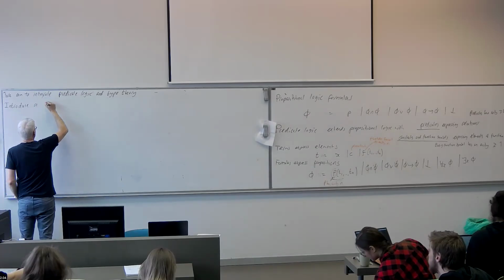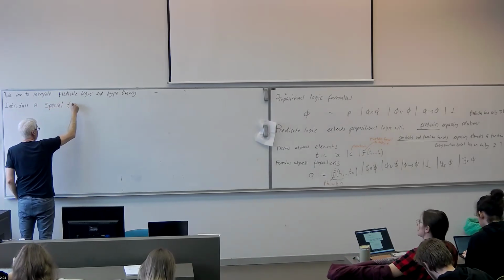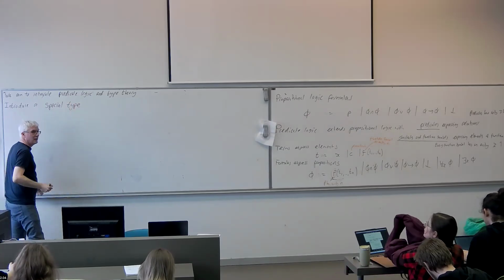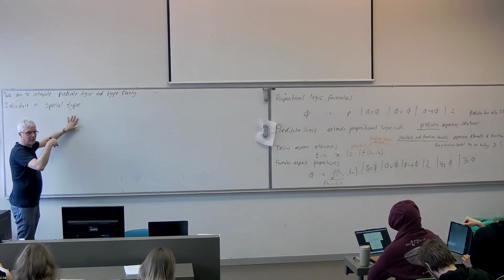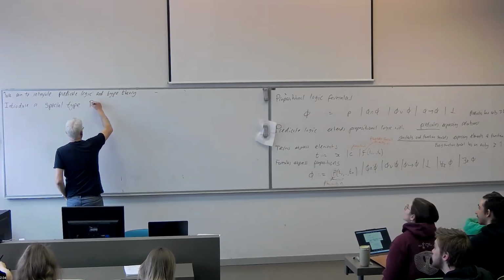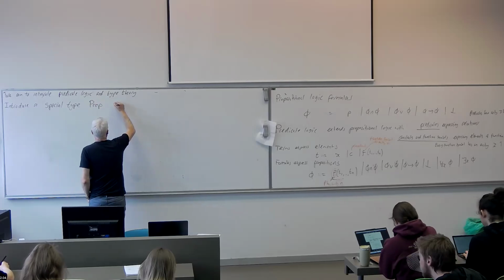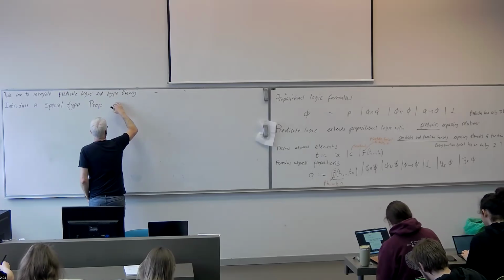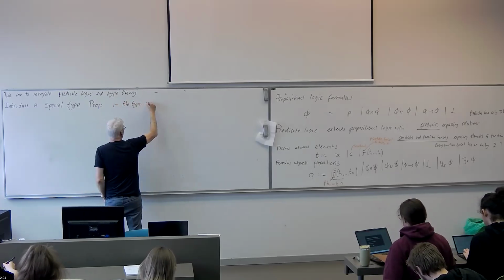So we introduce a special type. In our syntax of type theory, we were allowed to have type constants. So we introduce a special type which we call prop, which intuitively is a type of propositions.